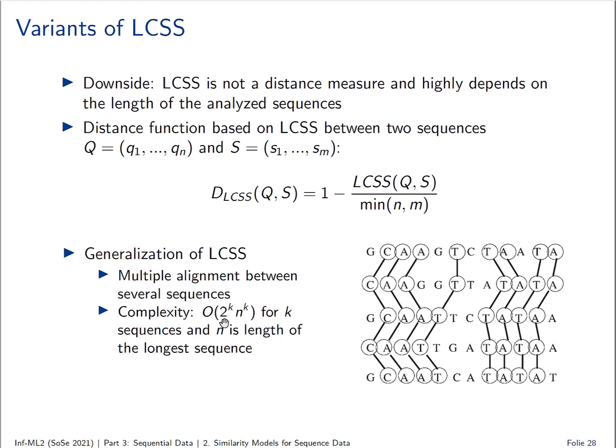And then the complexity is a little bit harder: 2 to the power of k times n to the power of k for k sequences, and n is the length of the longest sequence. It's shown here with this bioinformatics focus. That is very often done by bioinformaticians. Just that you know, you can also, of course, play here with multiple sequences at once.